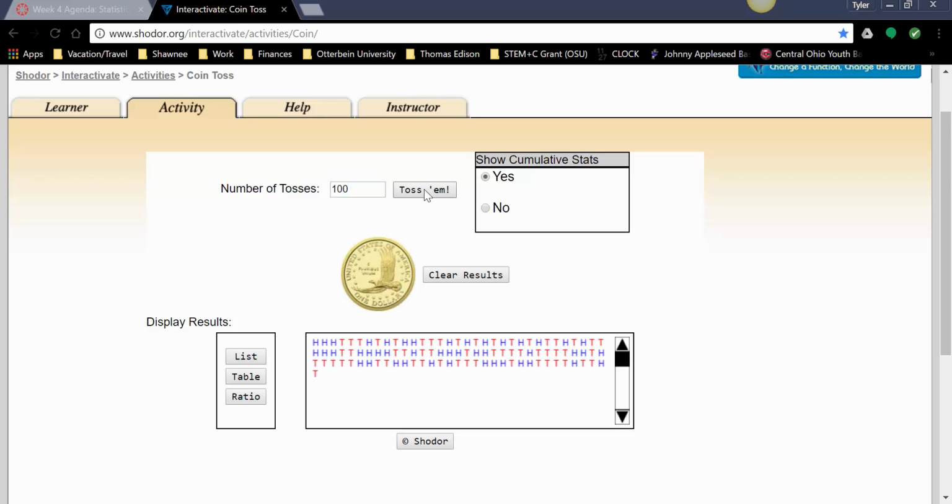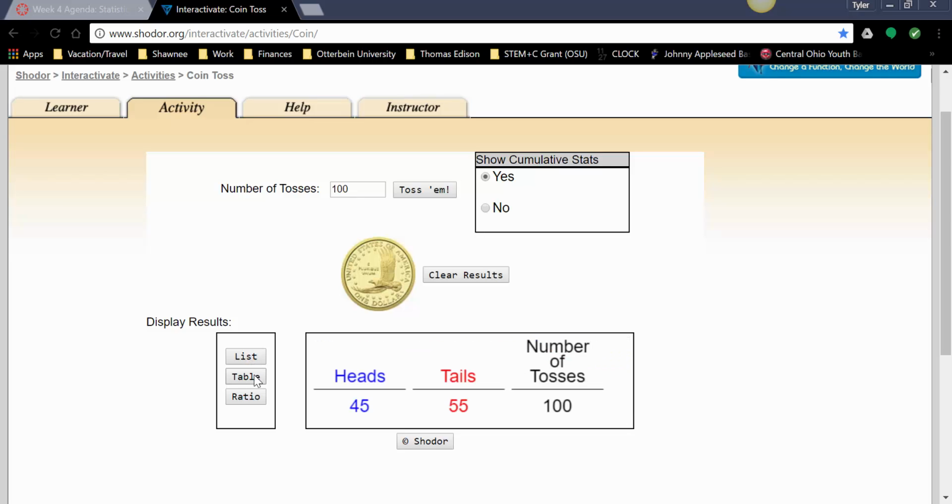Now it's tossing the coins. One thing I really like about this simulation is you can display results as a list, like what we have now. I can also click on table, and it gives me a summary. And I can also do ratio. These would be the relative frequencies, which is really nice to see.